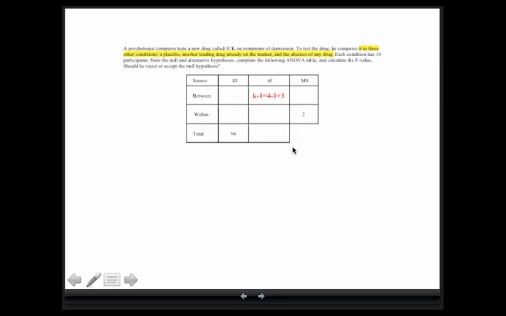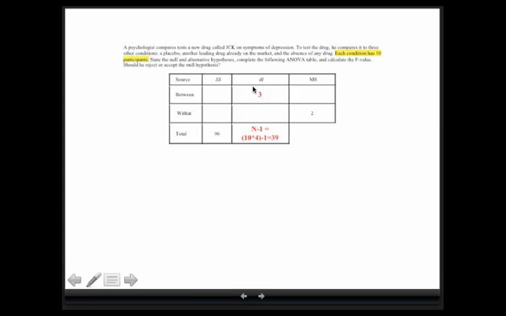Now, you will be able to get the degrees of freedom based on the information in the problem. So, you know that degrees of freedom between is k minus 1, and k is the number of conditions. So you know you have the drug compared to 3 other conditions here: placebo, another drug, and the absence of any drug. So this would be 4 minus 1 equals 3.